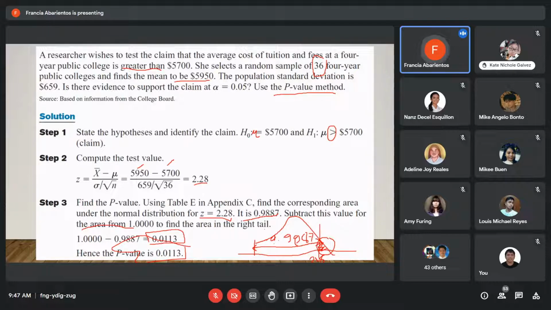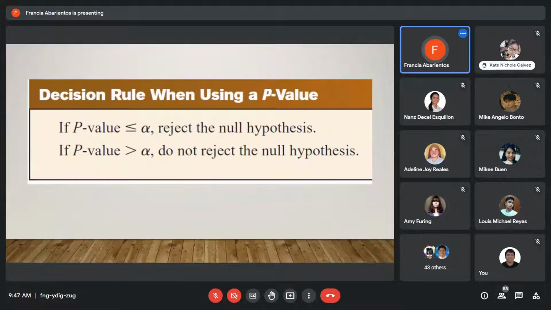So, what is the difference in concluding the results using the p-value? Okay. The decision rule when using a p-value: if the p-value is less than or equal to alpha, we reject the null hypothesis. If the p-value is greater than alpha, do not reject the null hypothesis.